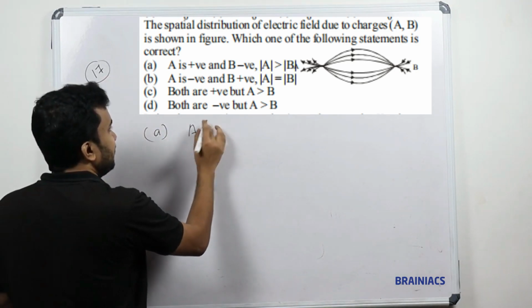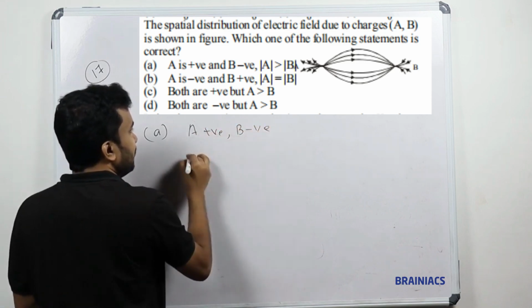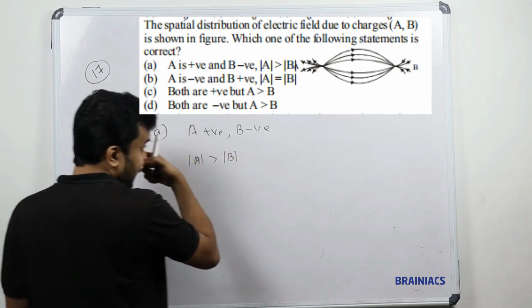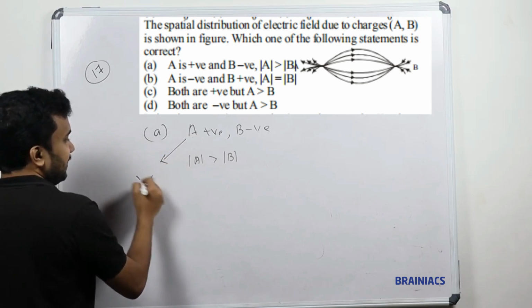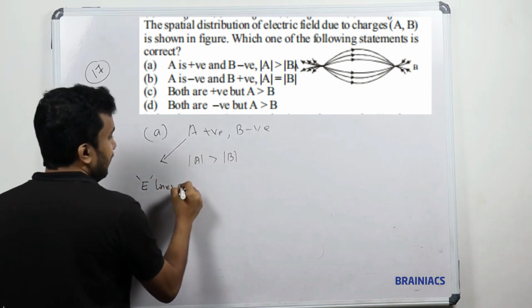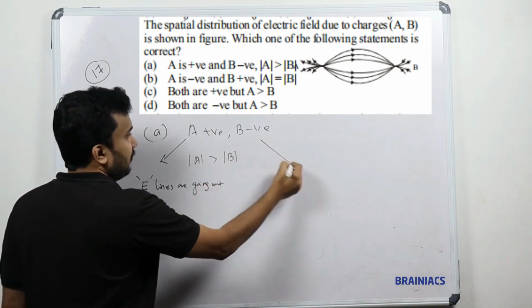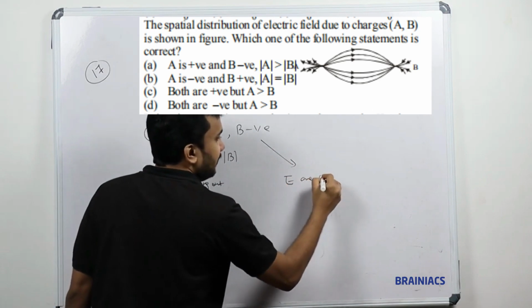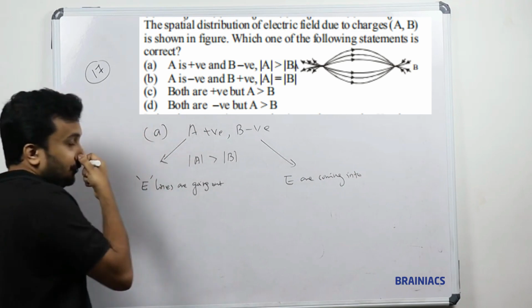A is a positive charge and B is a negative charge, and modulus of A is greater than modulus of B. Why is A positive? The reason is that the electric field lines are going out. Why is B negative? Because electric field lines are coming into that point.